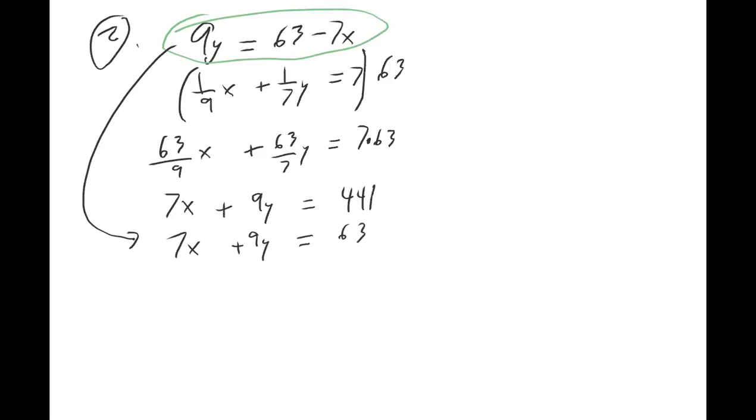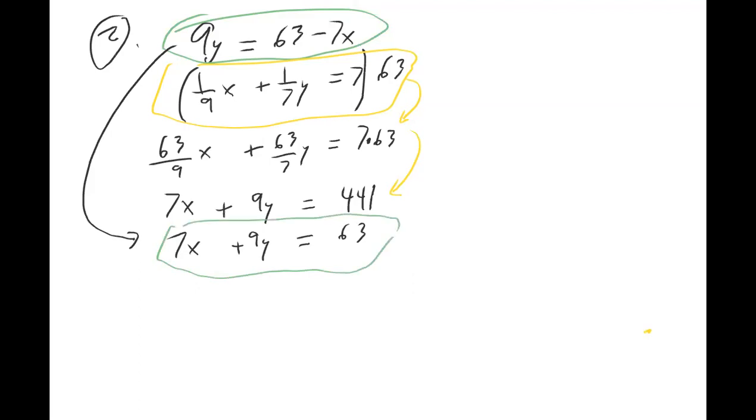Now wait a minute. When I simplify that equation, I get 7x plus 9y equals 441. But when I rearrange the top equation, I get 7x plus 9y equals 63.